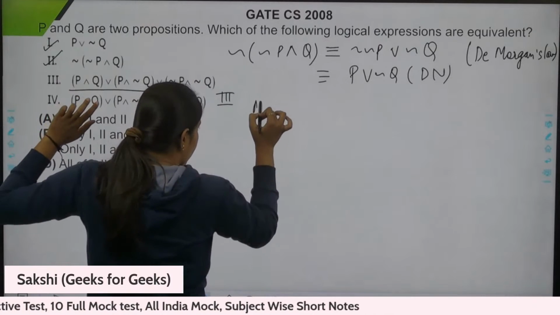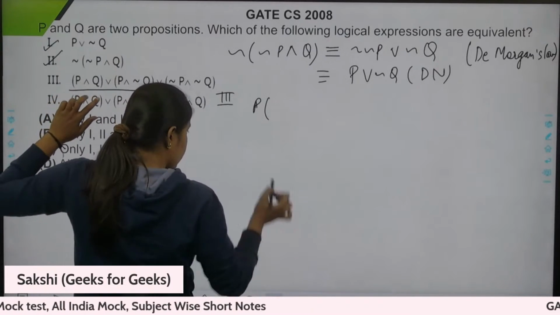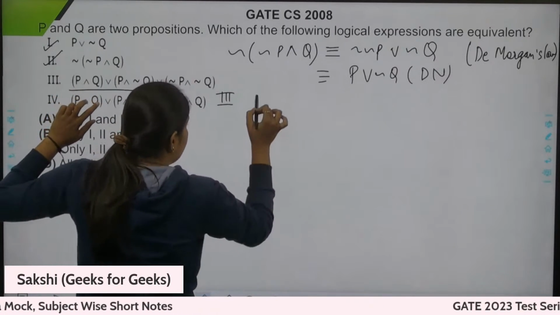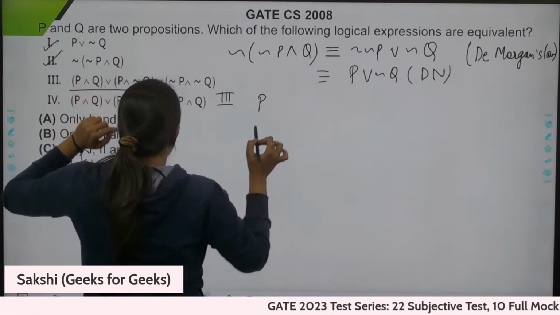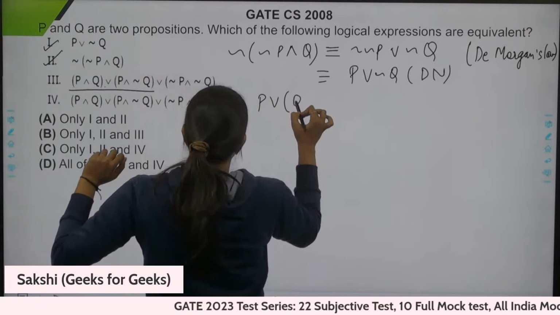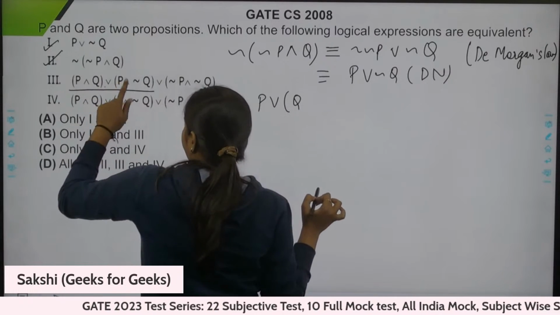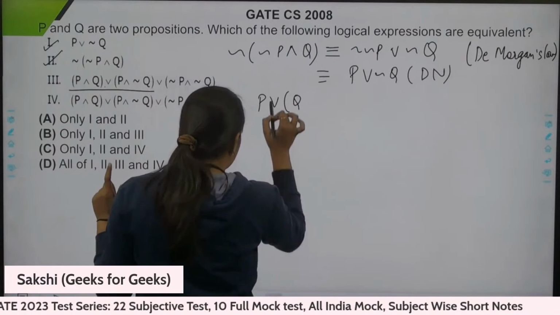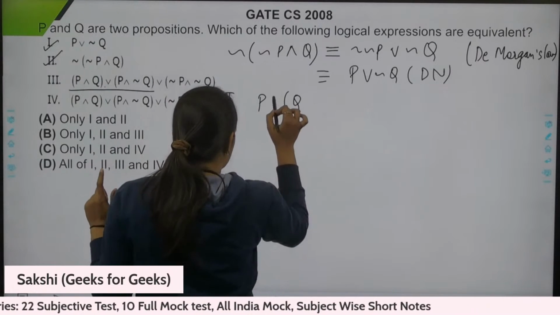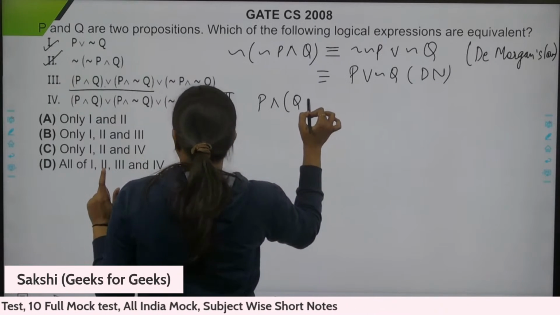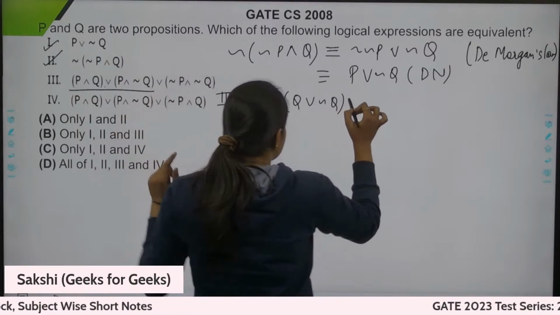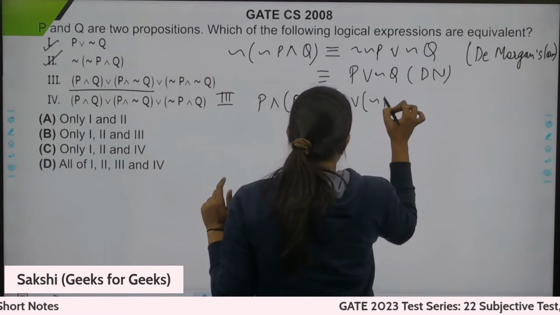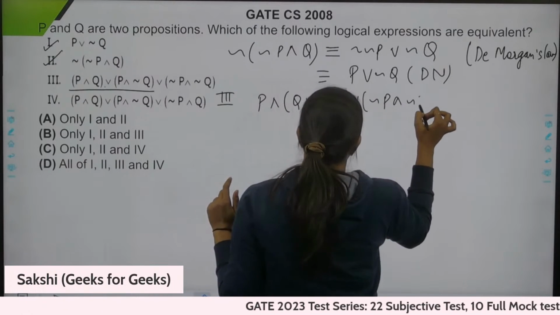If I take P common, I'll be left with P or Q. If I take common P and Q or negation Q, right?